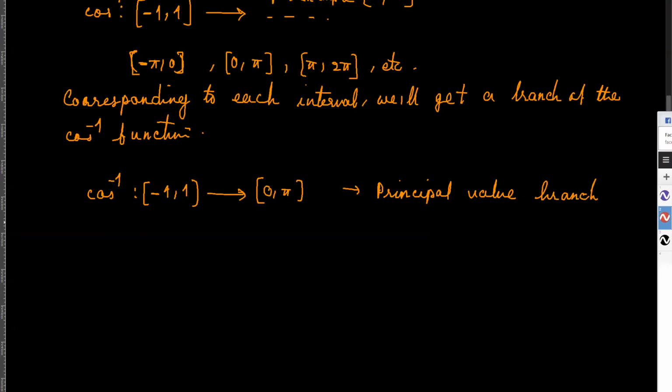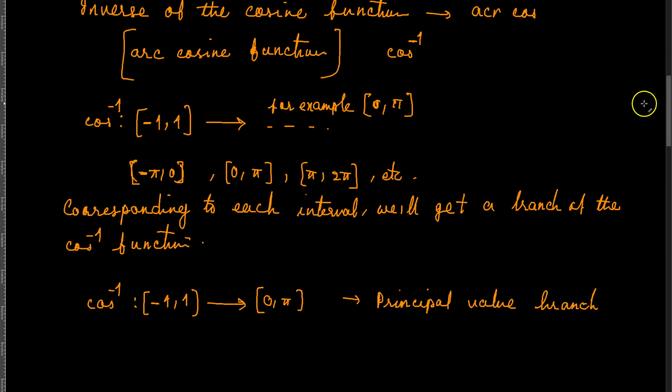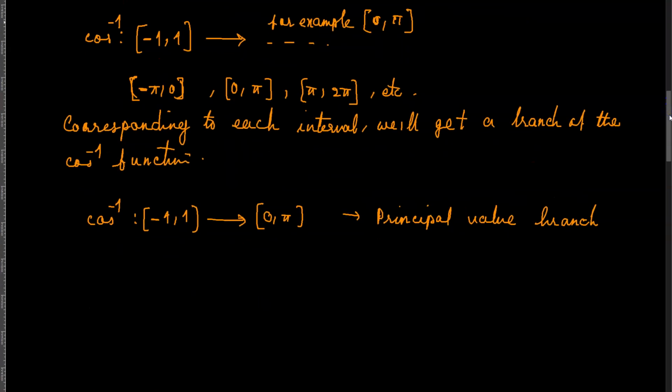So one interesting thing that you can see here is that the original function is cos, which goes from 0 to pi, to -1, 1.